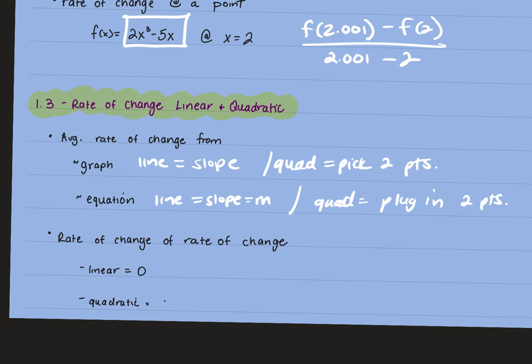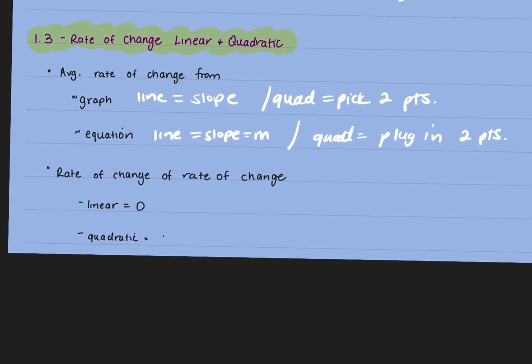And then we got into first difference, second difference, right? So rate of change of rate of change. The rate of change of the rate of change for a linear will be 0. There will be no change, okay? This one, the first difference will equal each other.